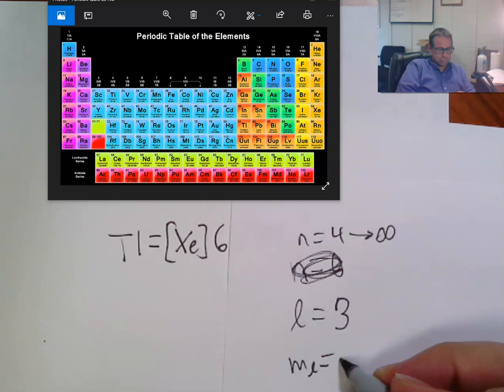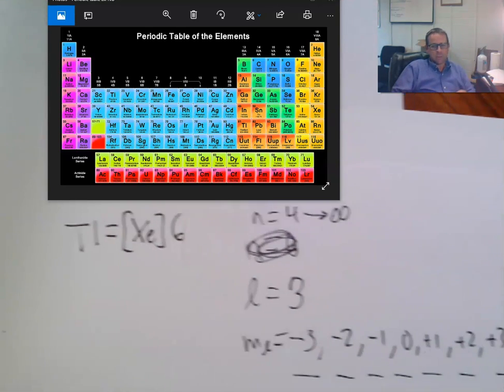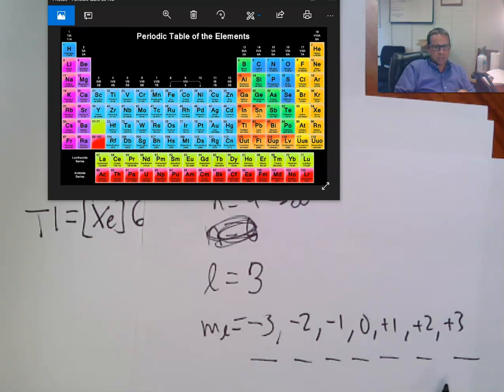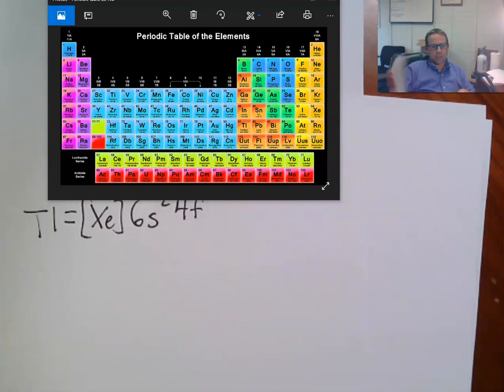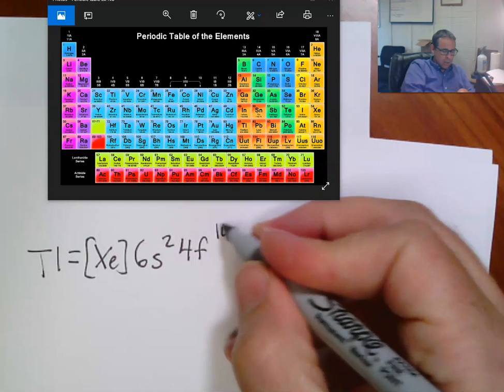Would it be positive 3? That's right. Negative 3, negative 2, negative 1, 0, positive 1, positive 2, and positive 3. That's a total number of 1, 2, 3, 4, 5, 6, 7 possible M sub L values, which corresponds to 7 orbitals or 14 electrons. So that's another way that we knew that this was 4F14.